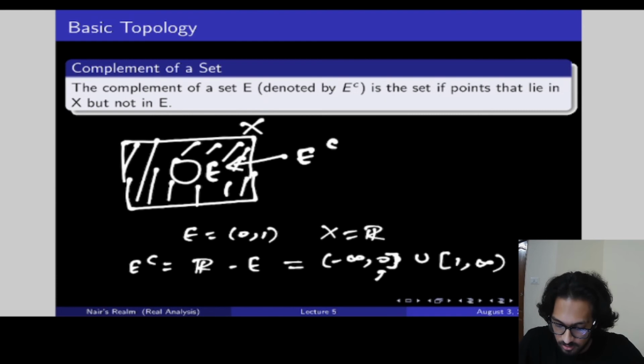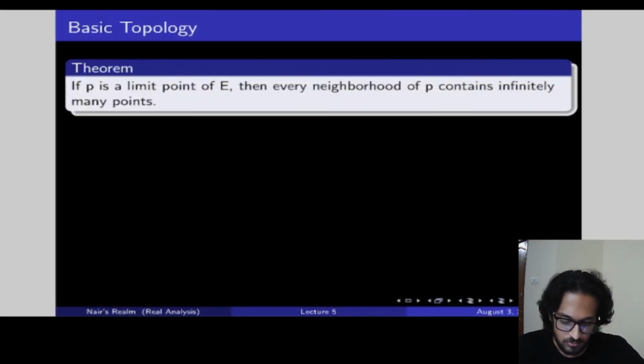Why is 0 included and 1 included? Because those are not elements of E, right? So they'll obviously lie in E complement. Simple enough.